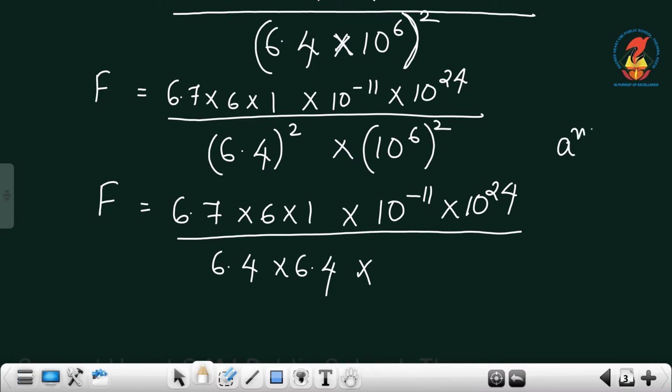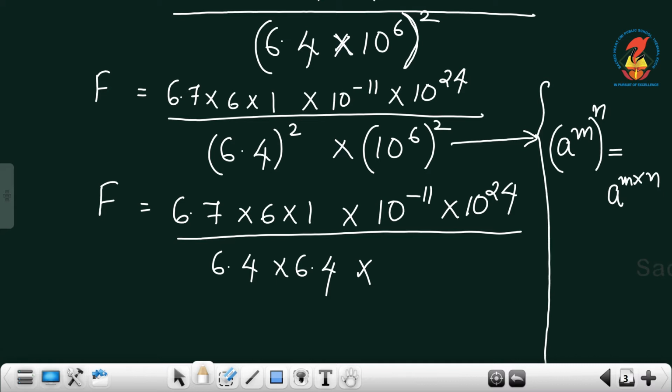is a raised to m whole raised to n. This is in the form of a raised to m whole raised to n. According to law of exponents, a raised to m whole raised to n is a raised to m into n. This is the law of exponent. So, 10 raised to 6 the whole square is 10 raised to 6 into 2.